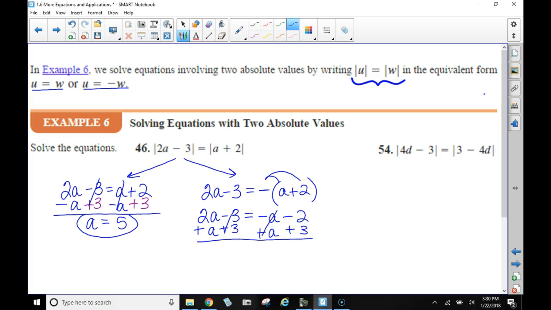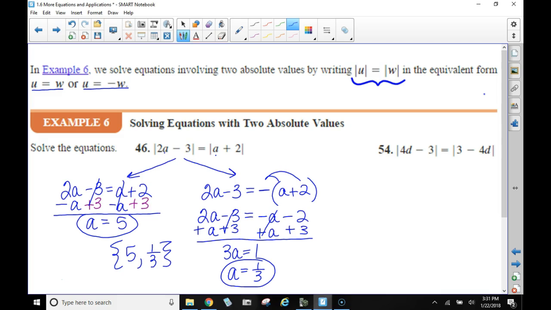All right, some stuff falls out, and I've got 2a plus a is 3a equals negative 2 plus 3 is 1. Divide both sides by 3, and so our next solution is 1/3. And that is another value that would check. It's a little bit uglier to check that, but it would check as well. So writing that in solution set form, you would say 5, and also it was a positive 1/3. There's our two answers.